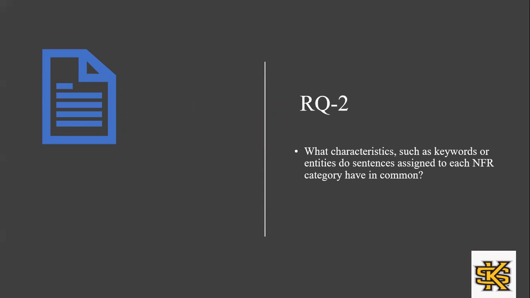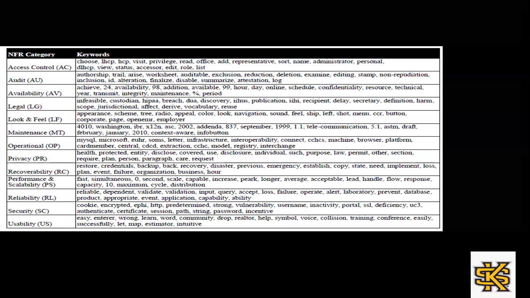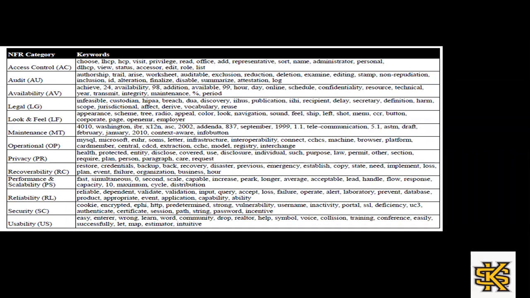To evaluate research question 2, which is what characteristics, such as the keywords or entities, do sentences assigned to each non-functional requirement category have in common, we performed two tasks. First, we extracted the top 20 keywords for each category based upon their ability to predict whether a sentence belongs to a specific category.